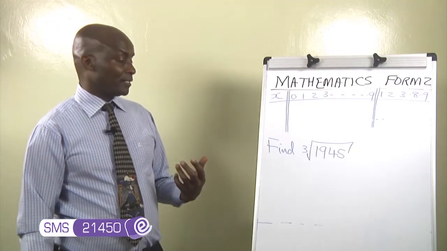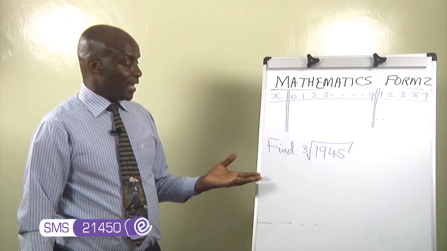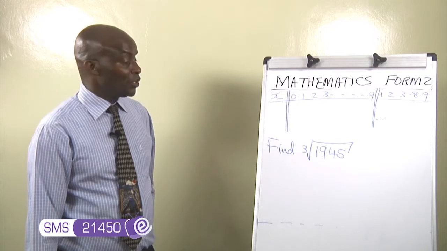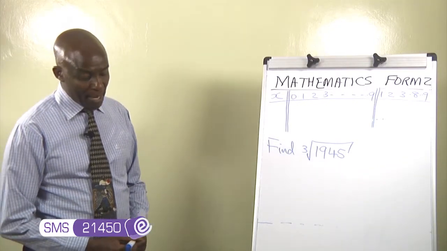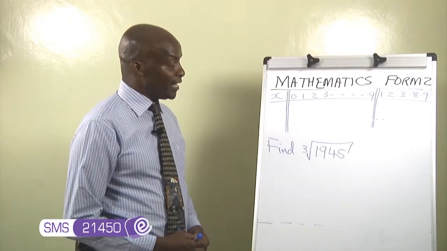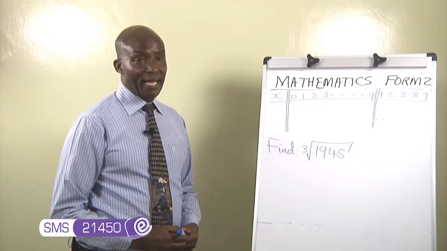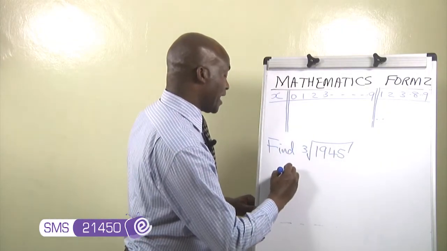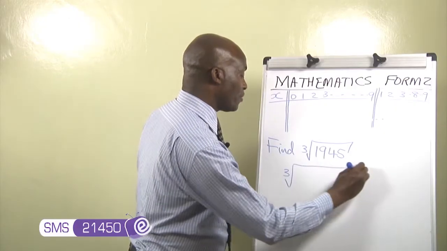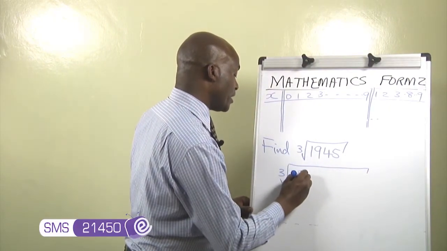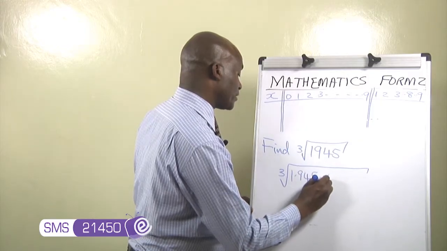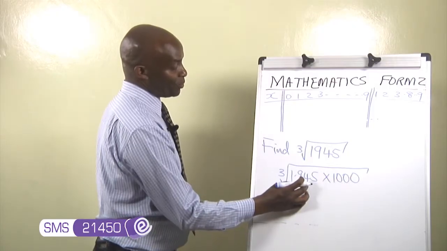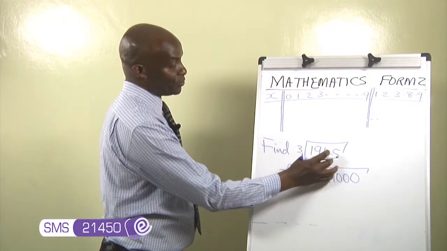Now, if you are getting the cube root of a number that is greater than what we have in the tables, greater than 1,000, you are supposed to express that number as a multiple of itself and a factor that has a power divisible by 3. So I'm going to write this as the cube root of 1.945 times 1,000. So that if you say 1,000 times 1.945, it takes you back to the original question.